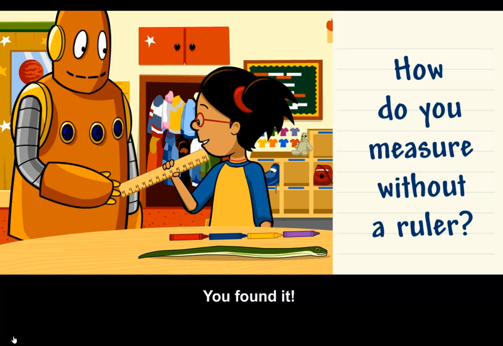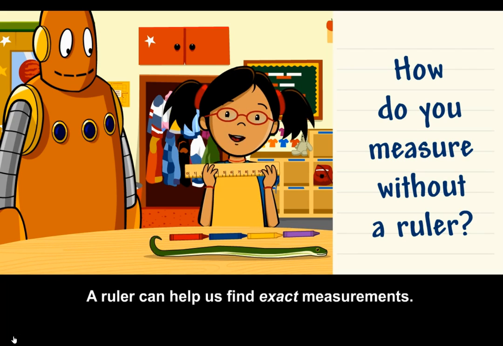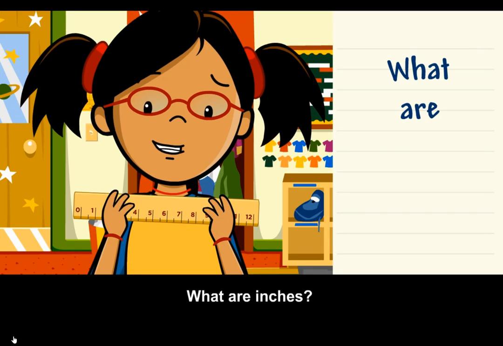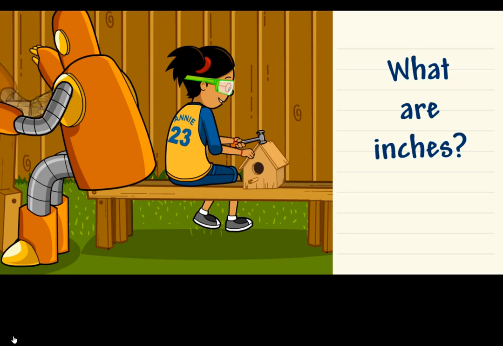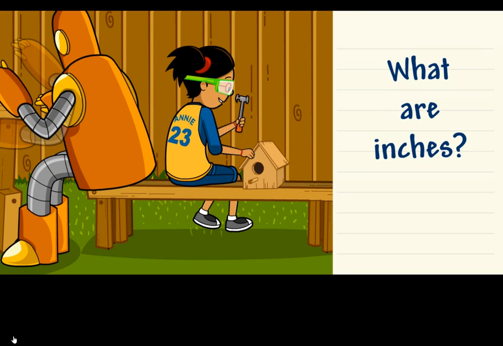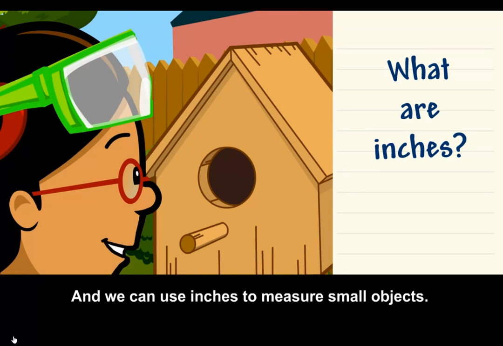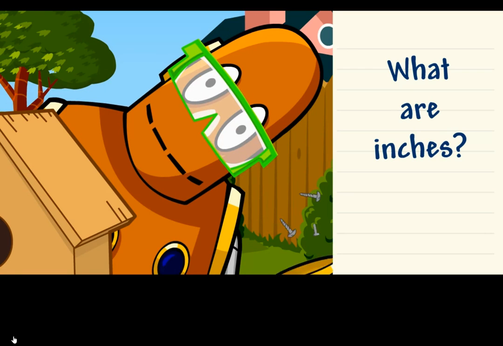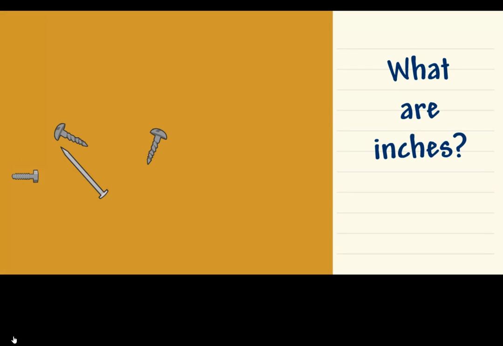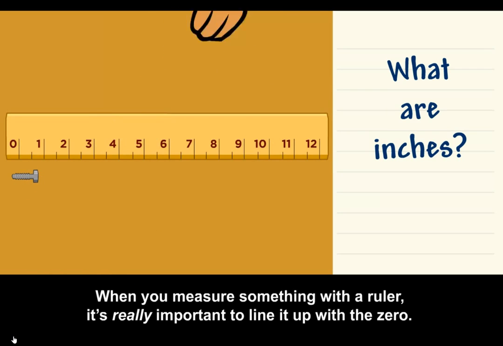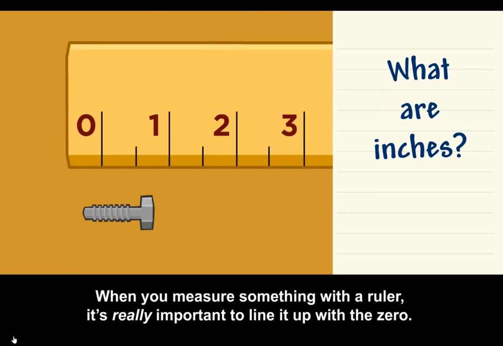You found it! A ruler can help us find exact measurements. What are inches? Well, an inch is a unit of measurement, and we can use inches to measure small objects. When you measure something with a ruler, it's really important to line it up with the zero.